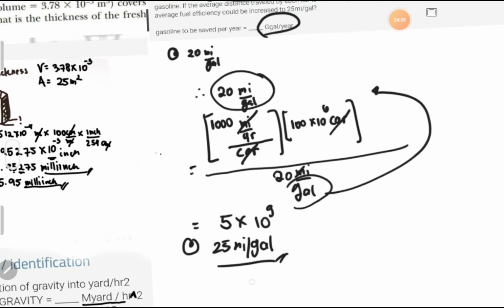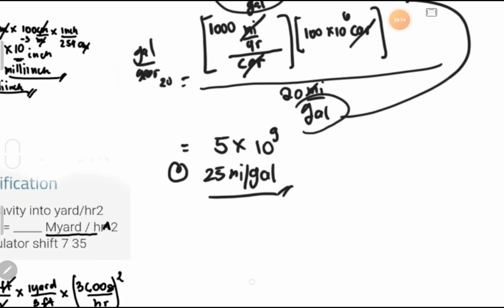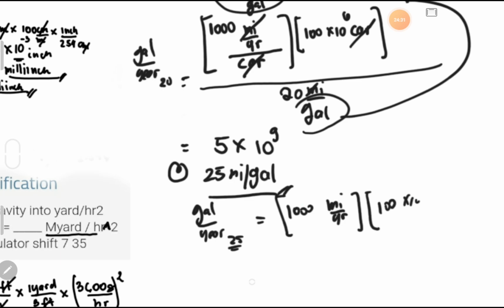So, gallon per year at 25. Okay, so we have 1,000 miles per year times 100 times 10 raised to 6 cars all over 25 miles per gallon.